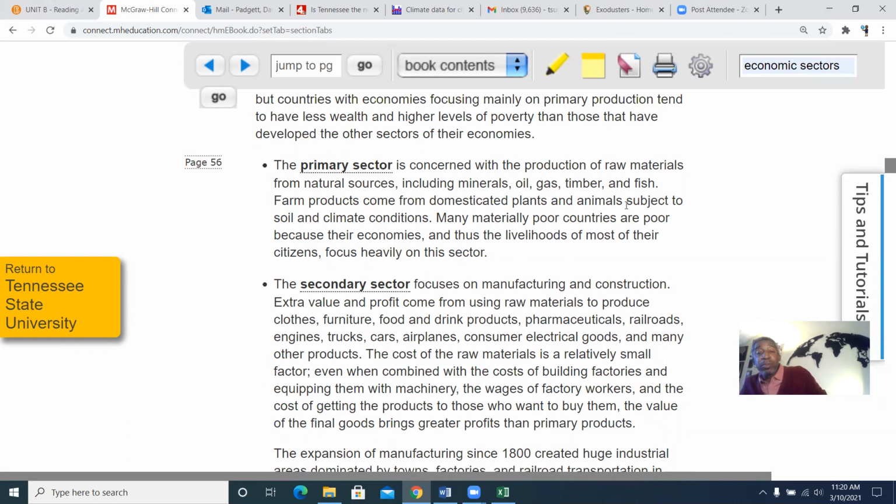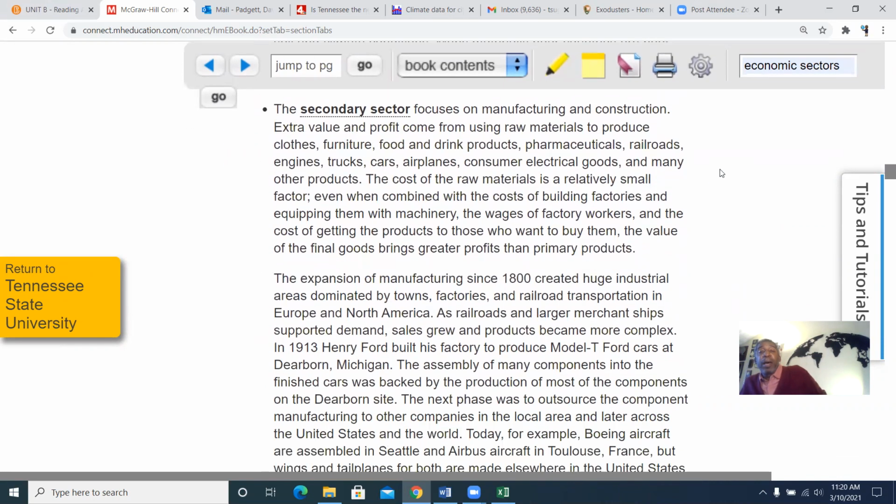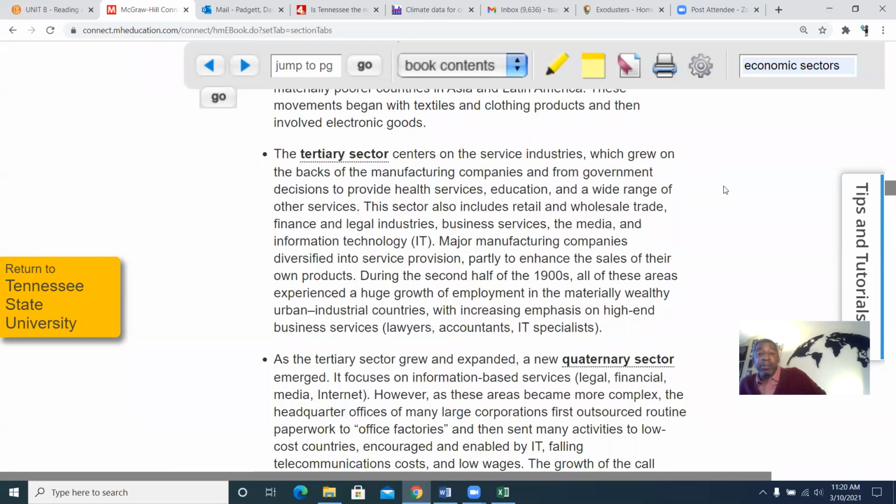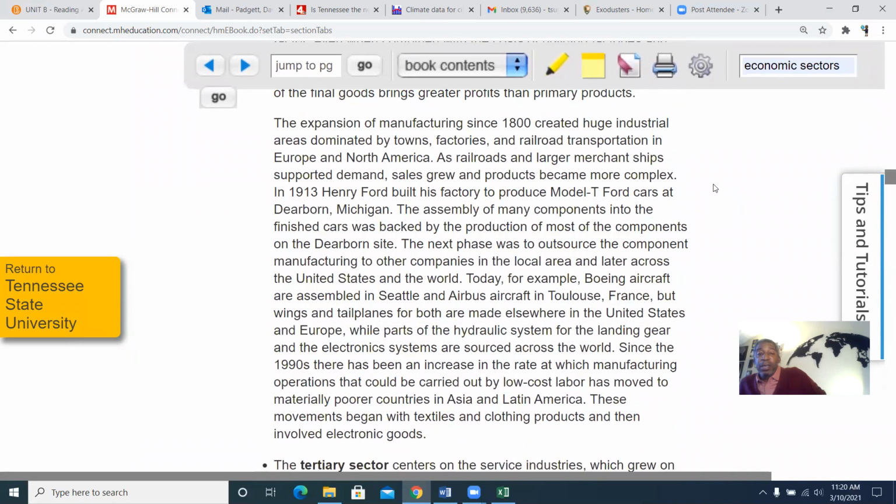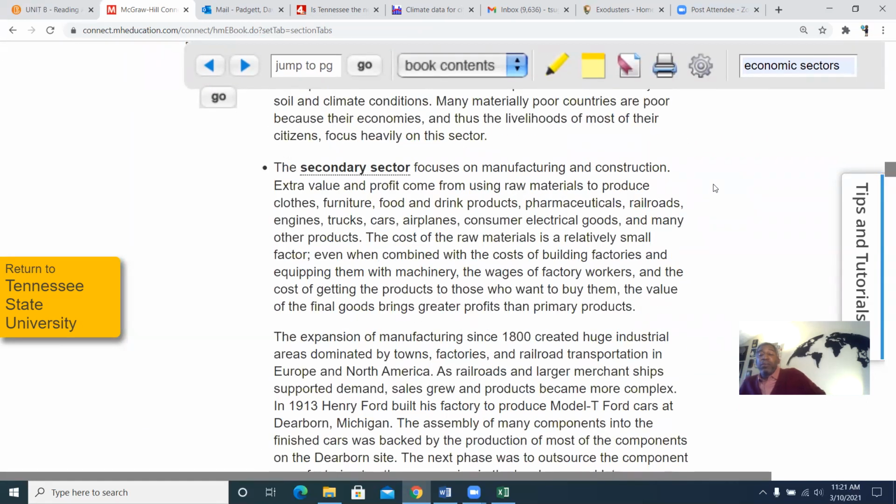So they were pulled to the North by the secondary sector, which were manufacturing jobs, and also to some degree to tertiary sector jobs in the North. The first part of the 20th century was the burgeoning Industrial Revolution that brought a lot of manufacturing to the northern states and large cities such as Chicago, Cleveland, Baltimore, and Philadelphia.